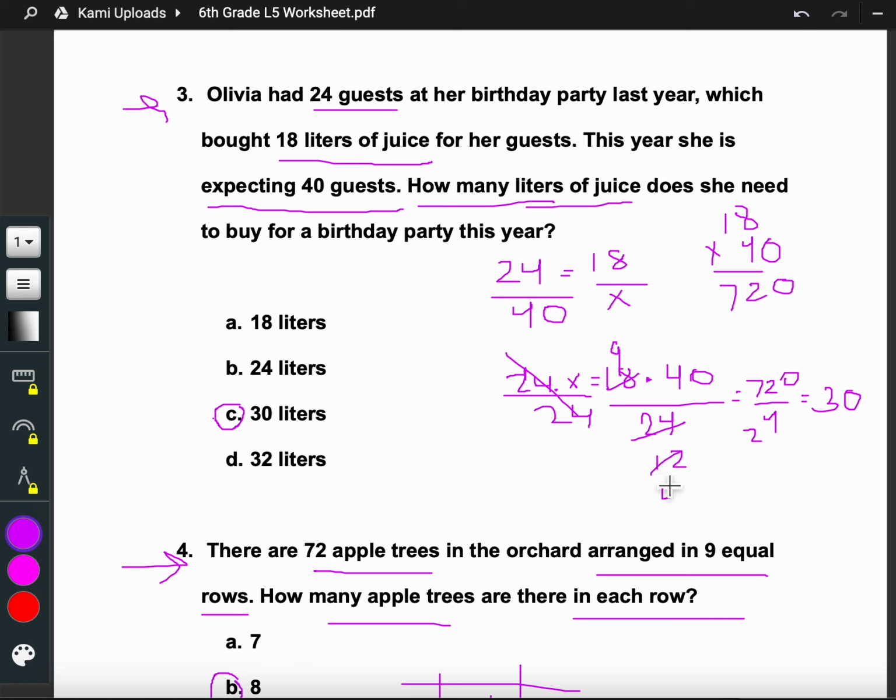This is divisible by 3. This is divisible by 3. And you'd still get the same answer in the end. This just simplifies your process a little more, so you don't have to calculate as much as we did right here. Because if you don't simplify in this process, you're just going to have to multiply the top numbers, which usually are pretty big as you get older. So you can use this trick to simplify if you want.